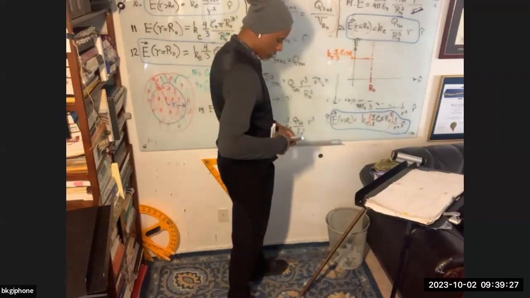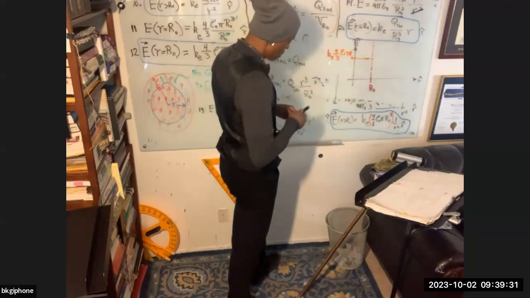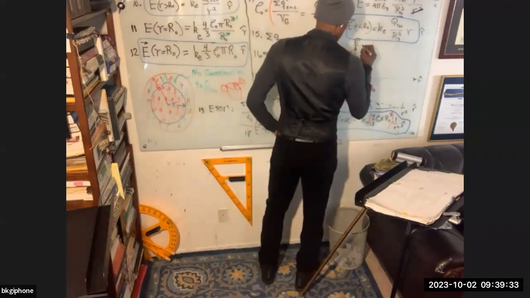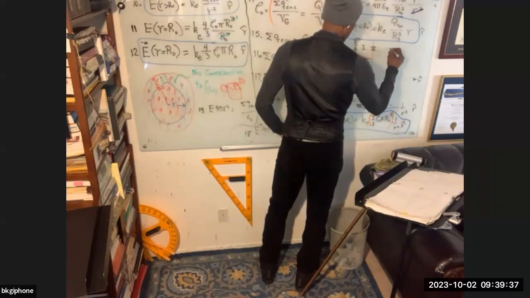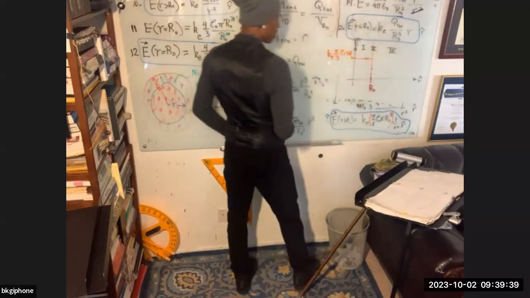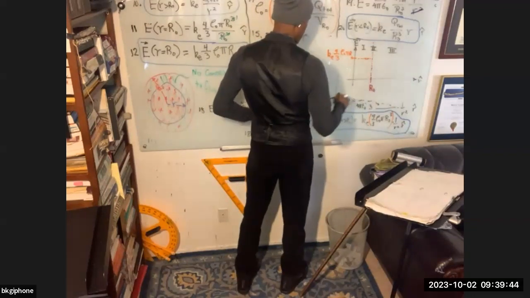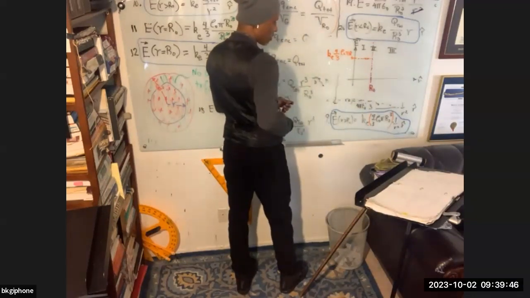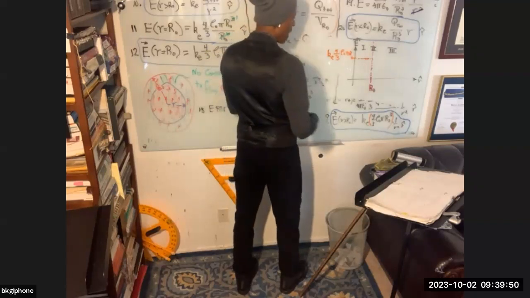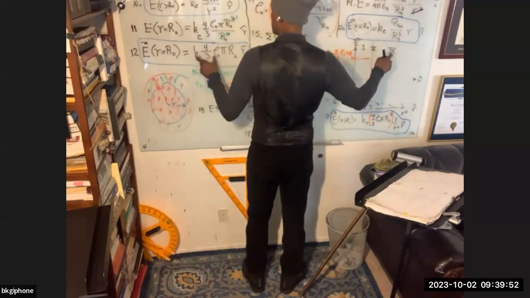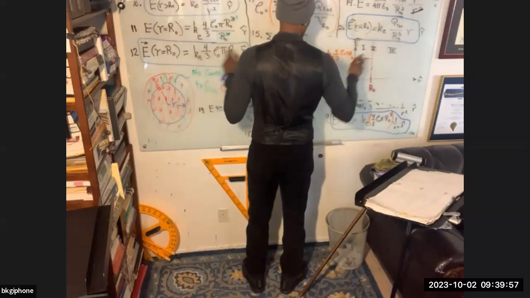Let's make the regimes 1, 2, and 3. So 2 is right there on the surface, and 3 is everywhere outside. At 2 it is a constant. Inside is linear. The maximum value has got to be this thing at the surface, r naught, and at 0, E has got to be 0.